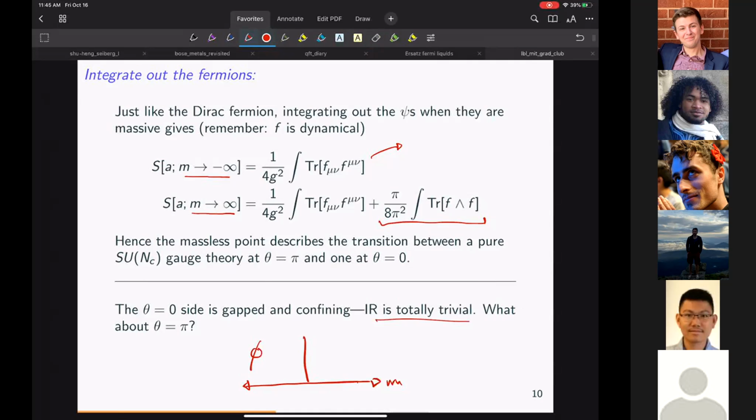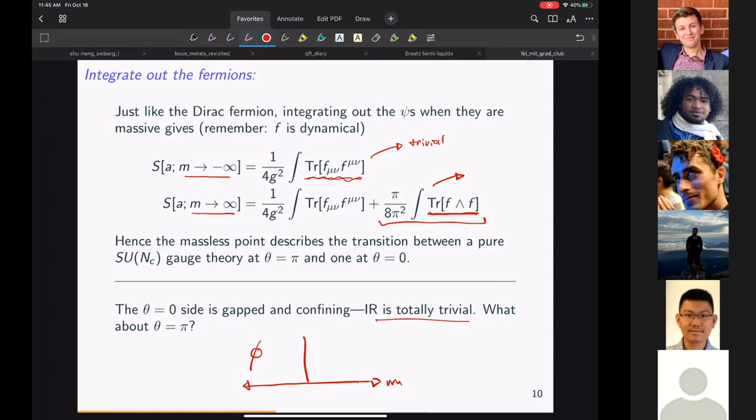So the action at very large M is this, and I just told you that the other side is pure gauge theory, which confines, and so it's trivial. But this side is actually interesting, in that we don't really know what this theta term does.